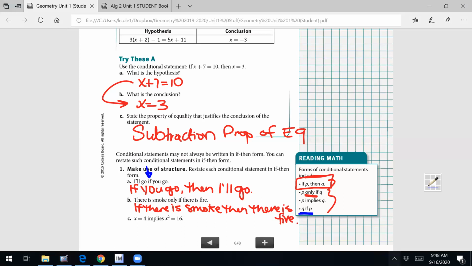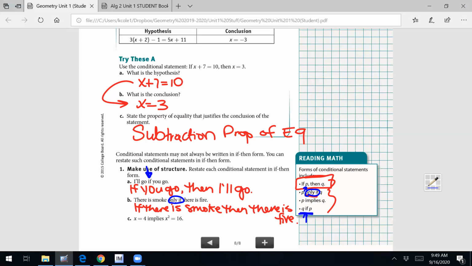Q if P. So that's why we swapped it around, because you want P to come first, then Q. So that's why this one got swapped around. Whereas this one is only if. So that's this only if. P was already first, Q is last. So you just keep it: if the first statement, there's smoke, then Q, there's fire. Okay, so the only one that's going to be swapped around is the one that just has the if statement smushed right there in the middle. Now, look at this one.